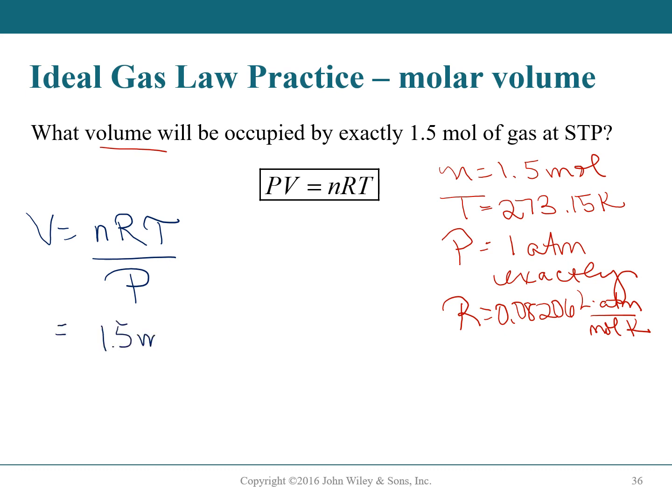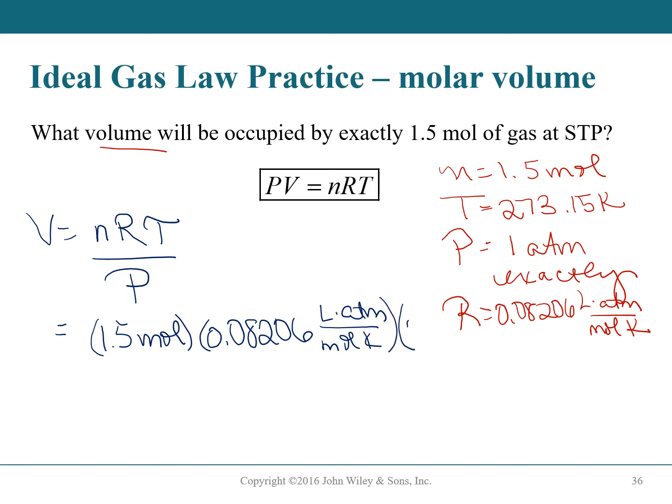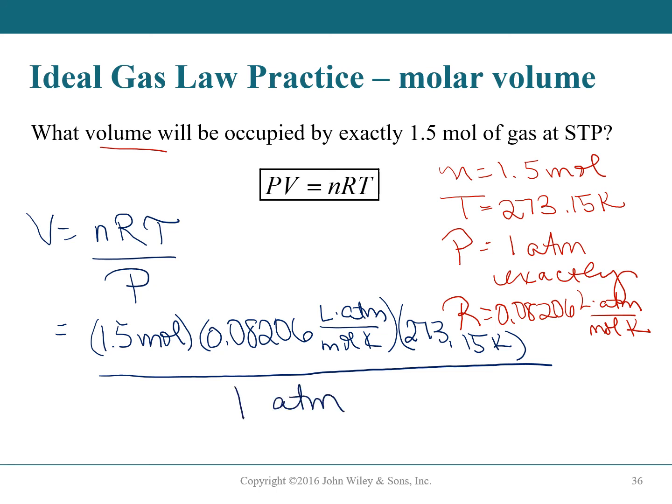1.5 moles, 0.08206 liter atmospheres per mole Kelvin, and our temperature is 273.15 Kelvin. All of this is going to be divided by exactly 1 atmosphere. Our units, the moles cancel out, our atmospheres cancel out, and our Kelvin cancels out.